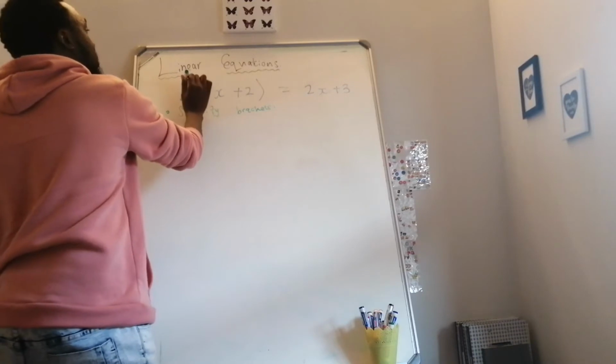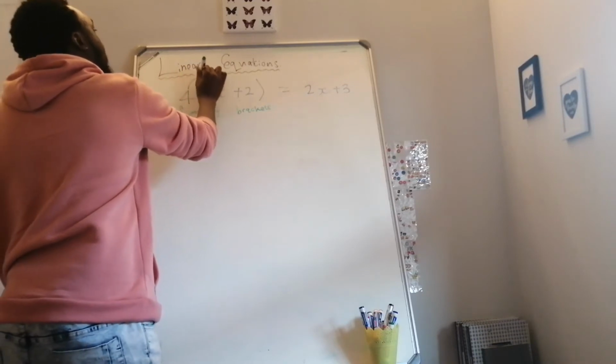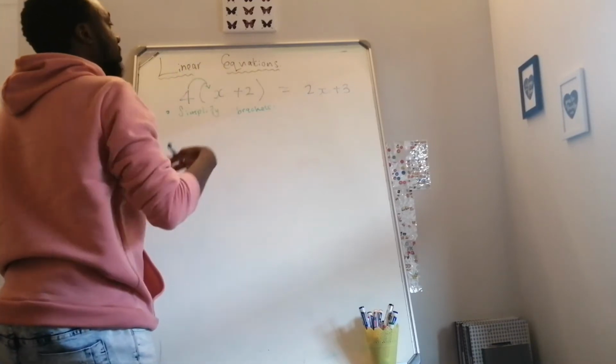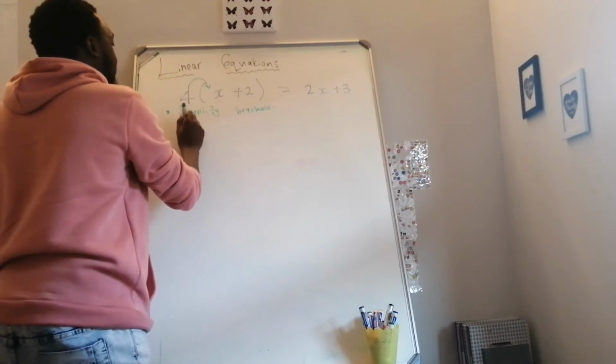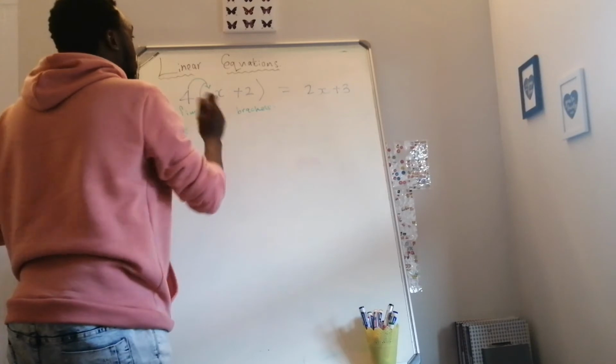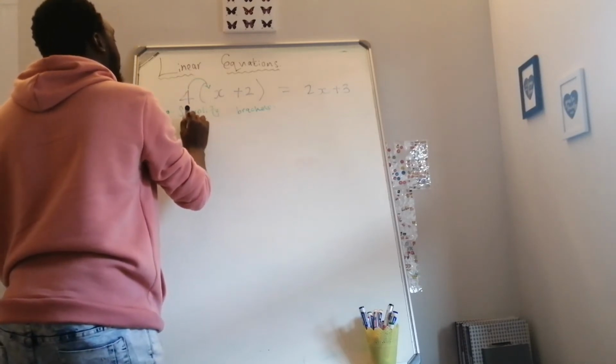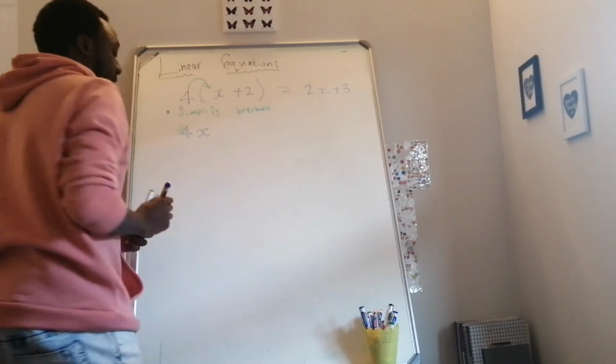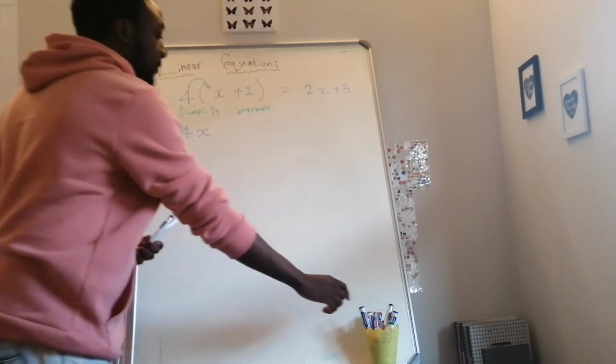The distributive method just says you take the 4, you multiply it with the x, you get your first value. So 4 multiplied with the x, you get 4x, right?